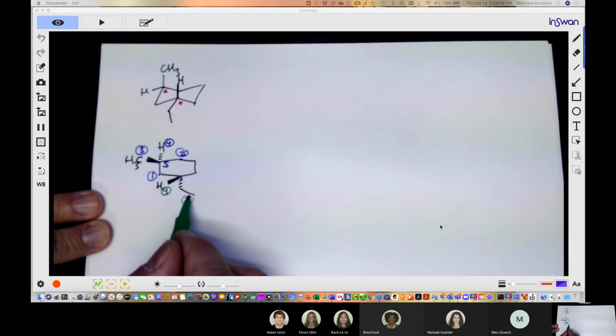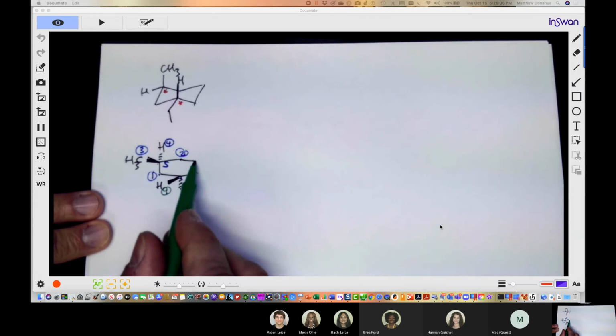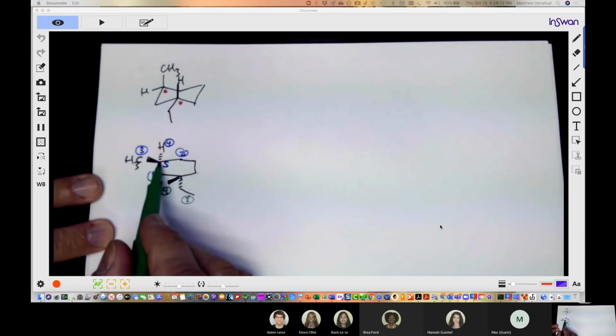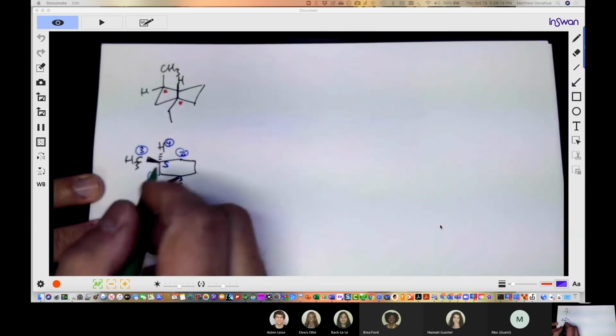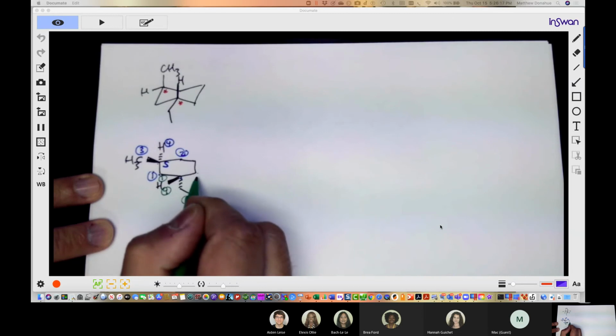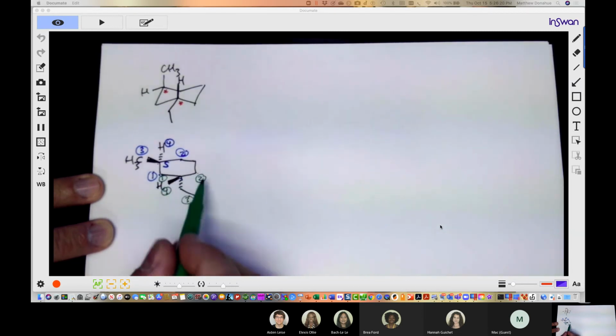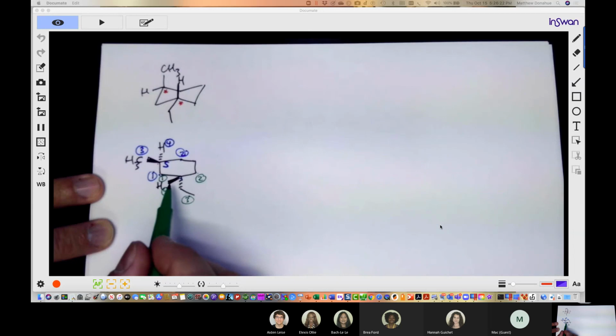So that has to be 3. Because you're hitting a carbon with 3 hydrogens. When we go out here, we have carbon with 2 hydrogens. We go out here, we have carbon with 1 hydrogen. So this has to be higher. So 1, 2. Now we're going clockwise, which would be R, but since the lowest priority group is towards us, we flip it to make it S.